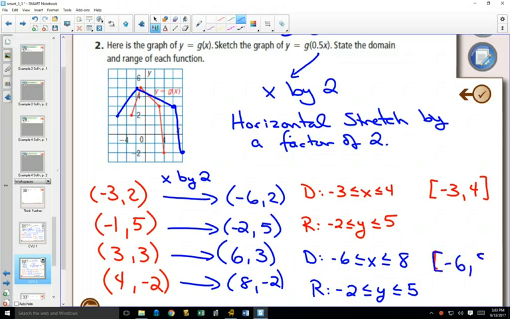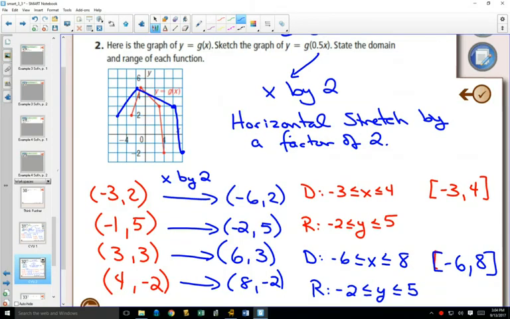Can you see what, oops, I almost didn't make the mistake. Can you see what I did? I just multiplied the first thing by 2. But an interval, that's all x values. It should be -6 to 8. It's not a point. Those are all x values when you're talking about that interval.